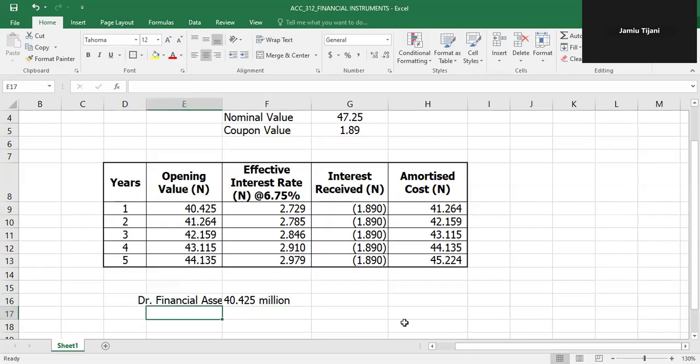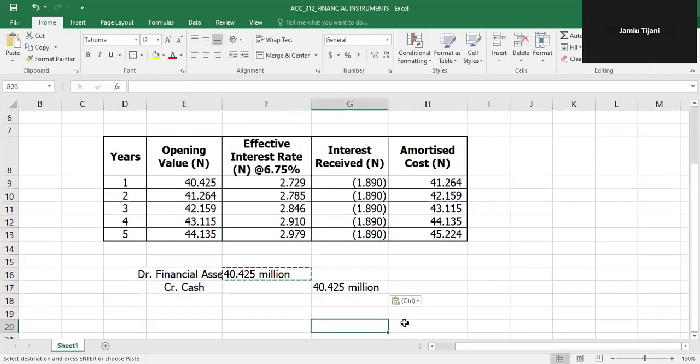And which one are you now crediting? You are crediting cash because you are buying with what? With cash. And so you are crediting cash with a sum of 40.425 million.